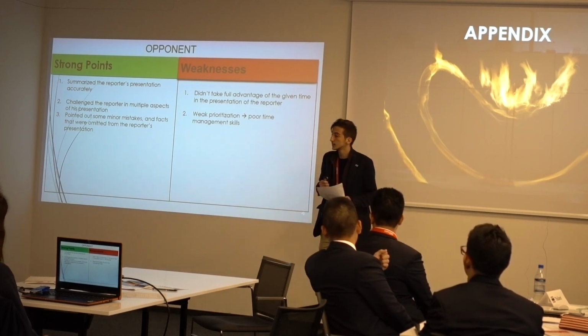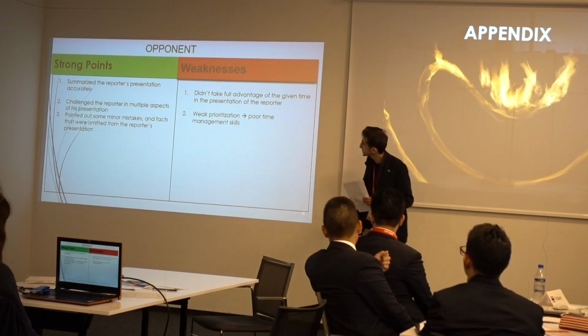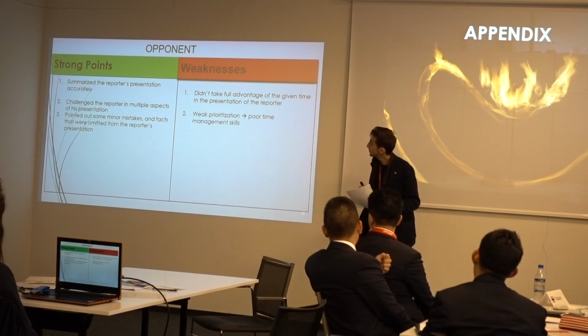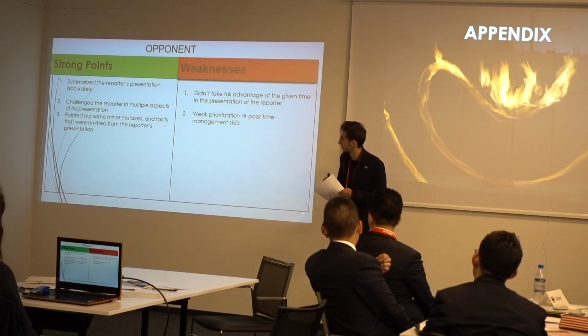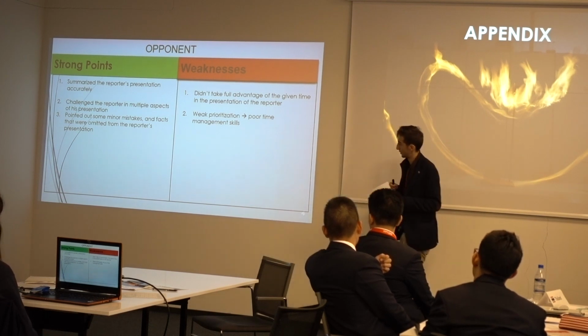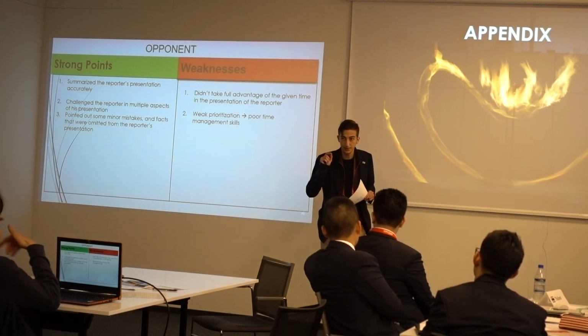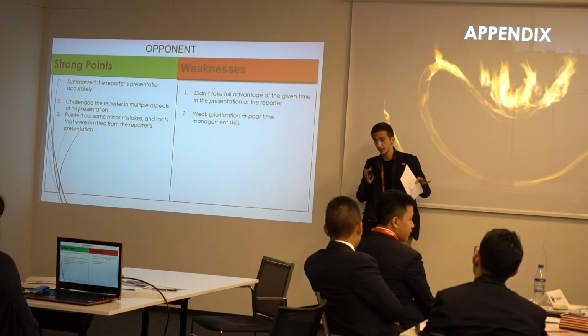About the opponent, he summarized the reporter's presentation accurately, challenged the reporter in multiple aspects of the presentation, pointing out some minor mistakes and facts that were omitted from the reporter's presentation. He also tackled some parts about the graphs that the reporter didn't mention adequately.